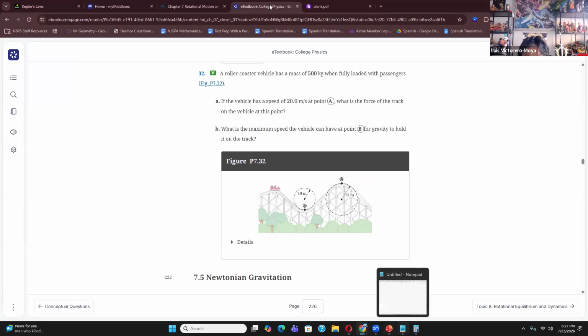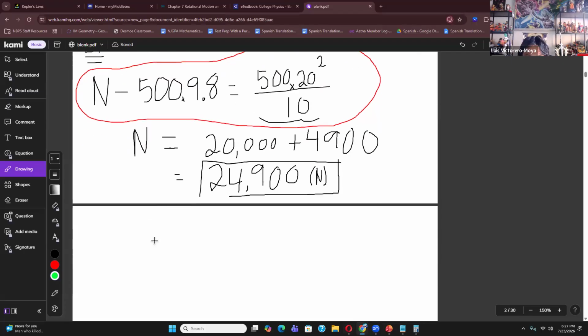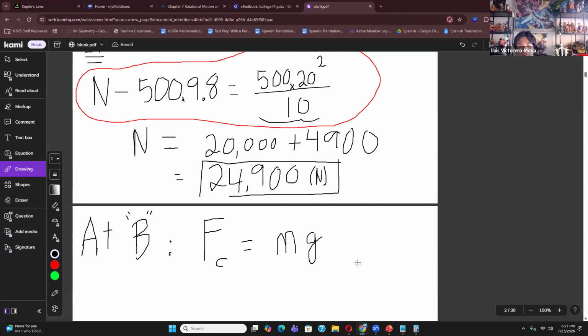So the condition at the top, so now at B, is that the centripetal force is equal to the weight of the body. All right.